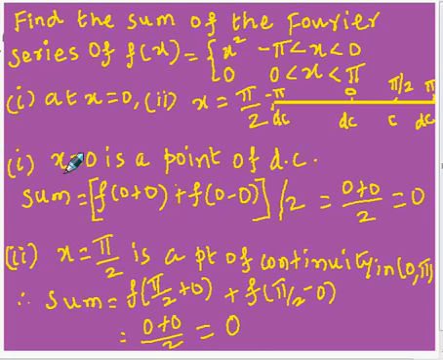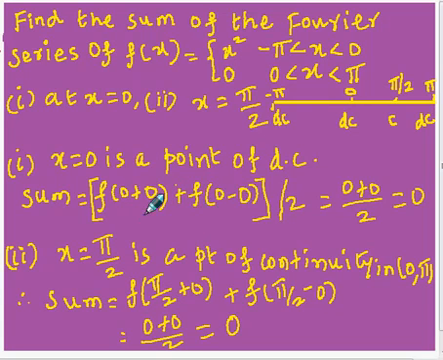And if x naught is a point of discontinuity, we know the formula for the sum of the Fourier series or for the convergence of the Fourier series. Sum is equal to f of x naught plus 0 plus f of x naught minus 0, divided by 2.